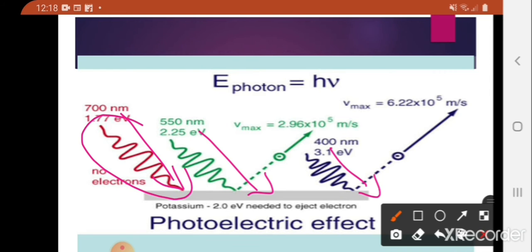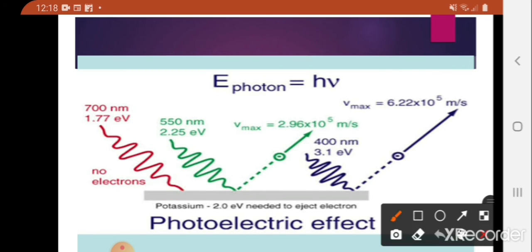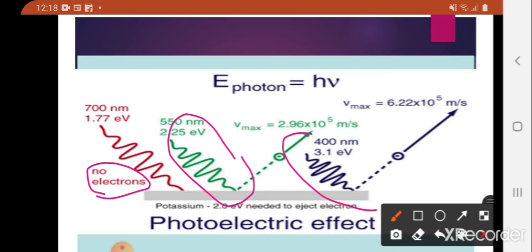When the red light strikes the metal surface, no electrons are ejected. But when the green light and the violet light strike the metal surface, electrons are ejected out.